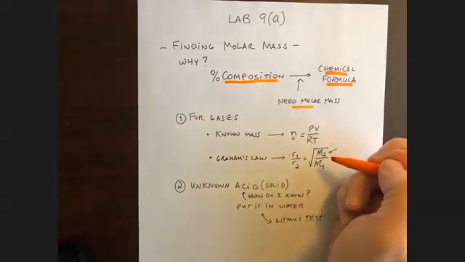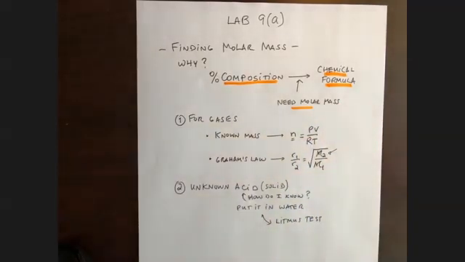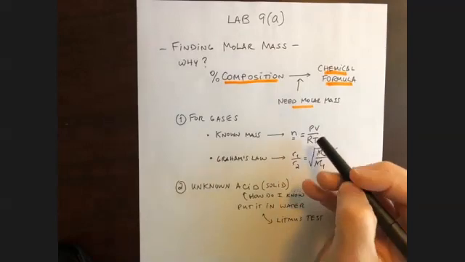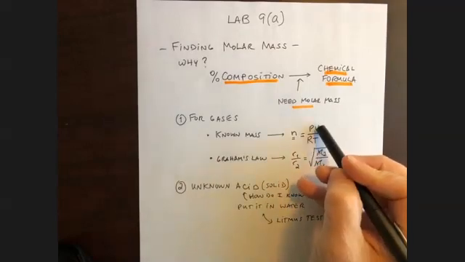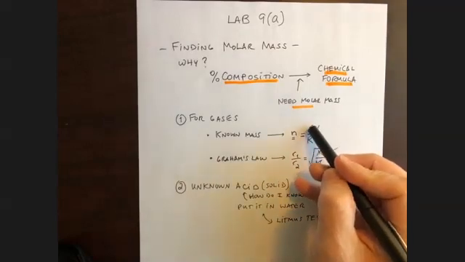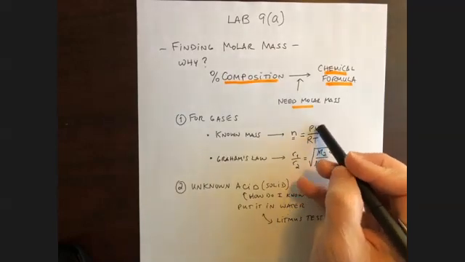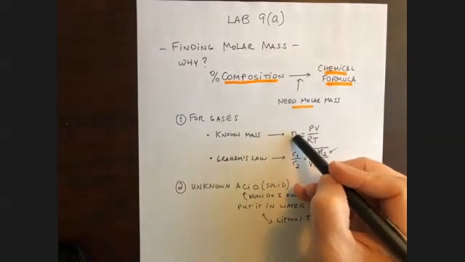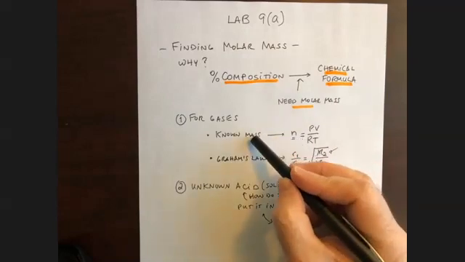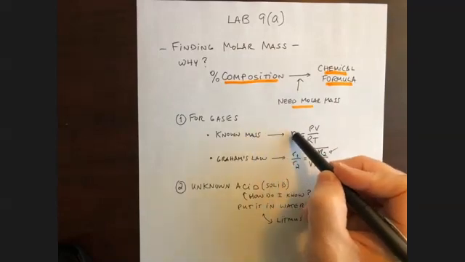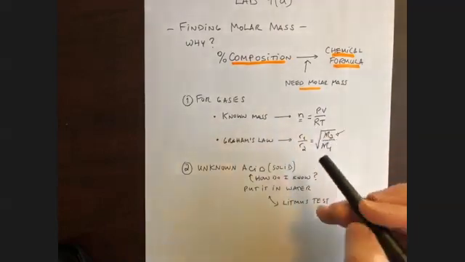All right. Now, previously we discussed two methods by which we can do this. For gases, if we know what volume a certain amount of gas occupies at a certain pressure and temperature, we can use the ideal gas equation to find out the number of moles. And since we know the grams and we know the moles, we can find the molar mass. We can also use Graham's law.